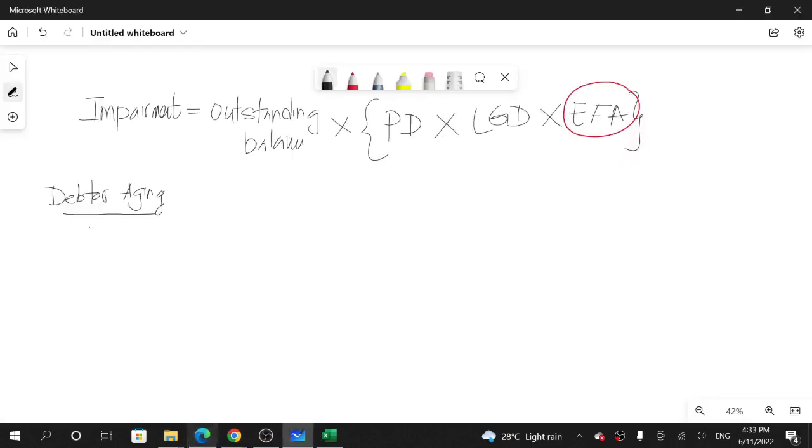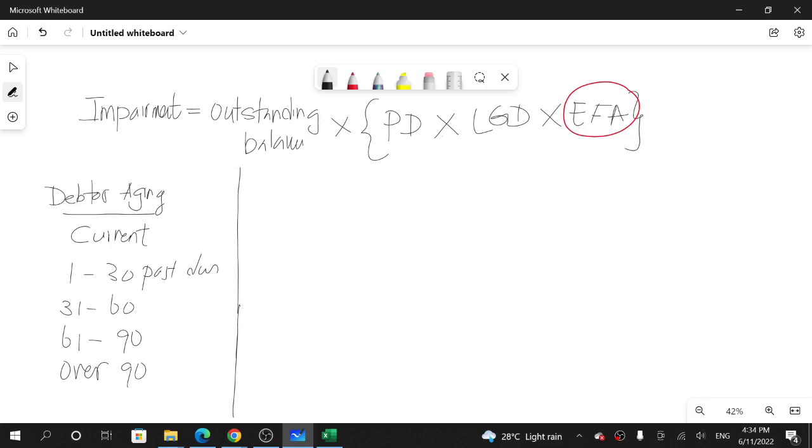You have the current bucket, then 1 to 30 days past due, then 31 to 60 days past due, then 61 to 90 days past due, then over 90. So they have given how much is the probability of default.